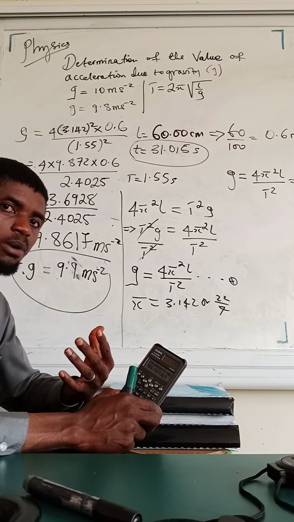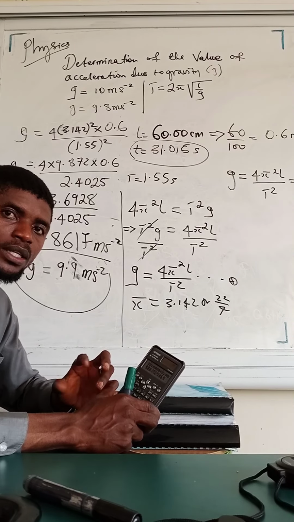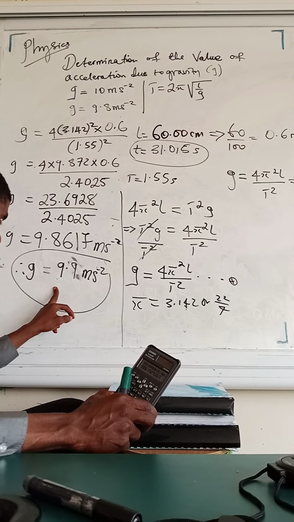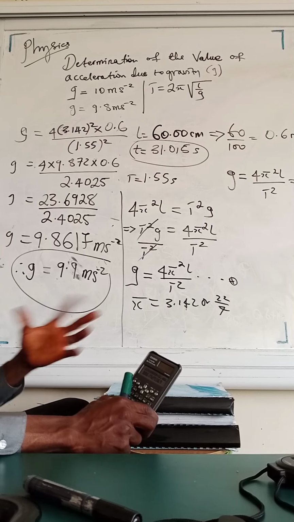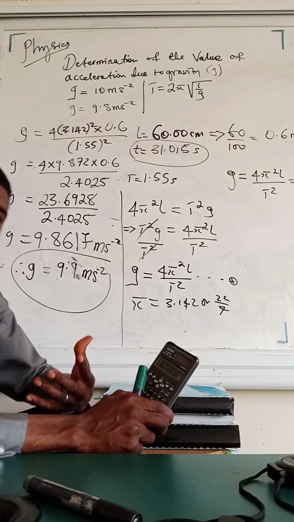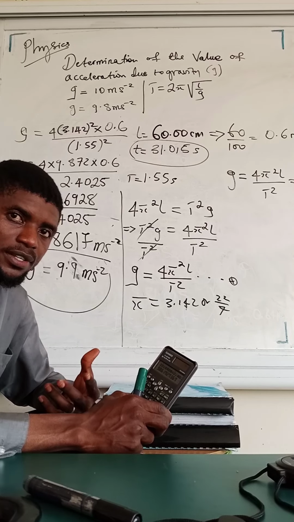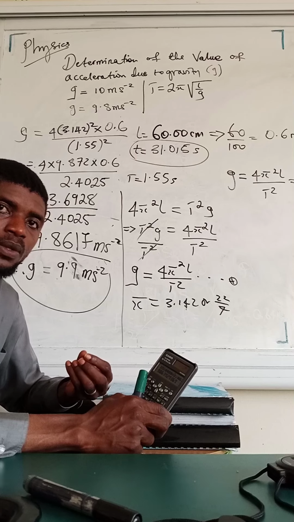If I run this experiment in the north and get this value, and I forward my result to someone writing this experiment in Lagos or Delta State, the person will not get accurate results.